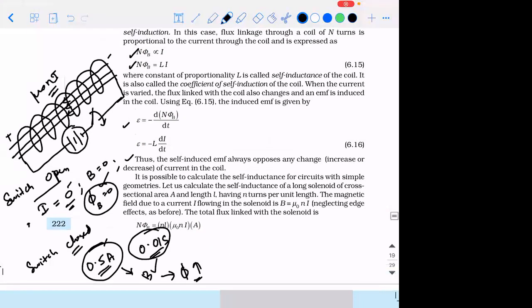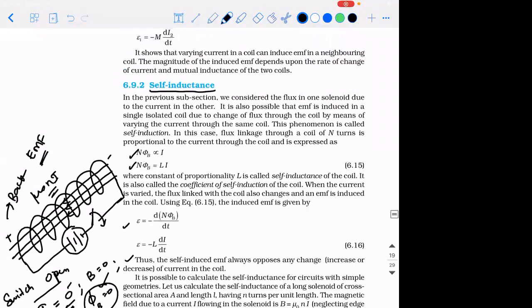And that EMF is generally called back EMF or self-induced EMF. And this phenomenon of generating EMF at the ends of the coil due to its own current is what is called self-induction.